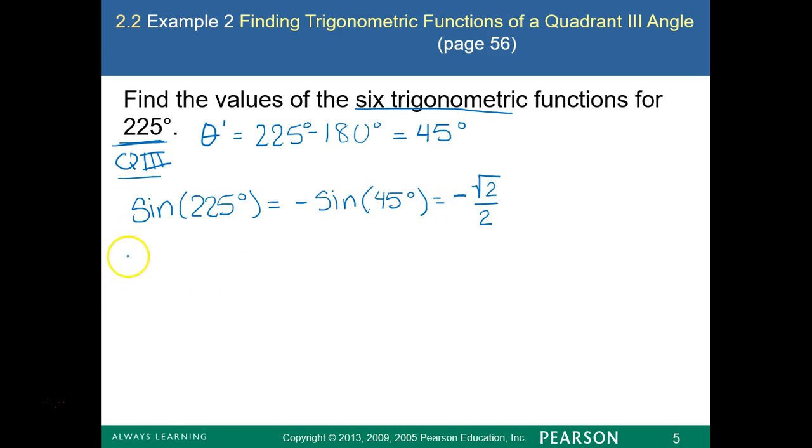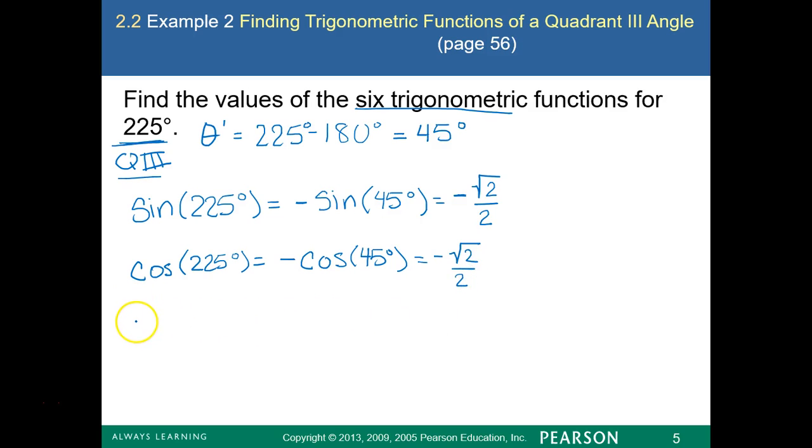We're going to do the same thing for cosine. Cosine of 225 degrees is going to be, again, cosine is negative in this quadrant. So it's the same as finding the negative cosine of our reference angle, which is 45 degrees. And again, cosine of 45 is square root of 2 over 2.